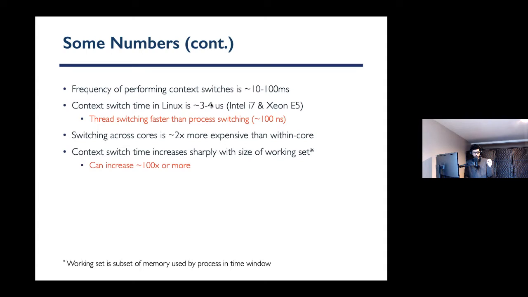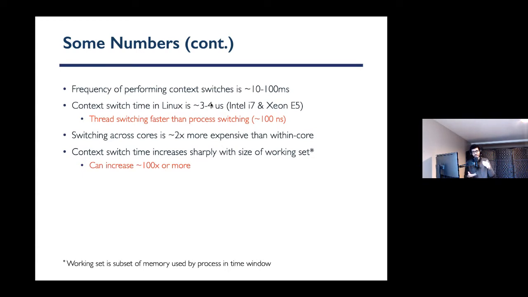Again, the overhead is highly coupled with the data that is going to be moved. Basically, how much data are you going to bring to memory with your context switching? At a high level, the amount of data that a process needs to operate smoothly, it's very vague, I acknowledge that, is called the working set.